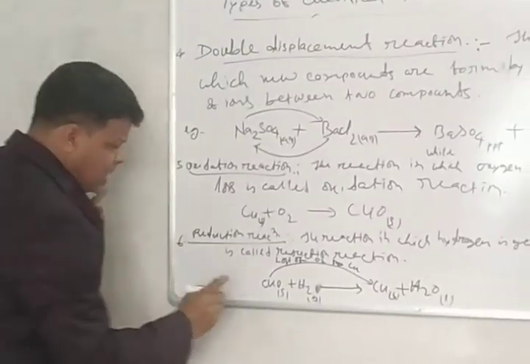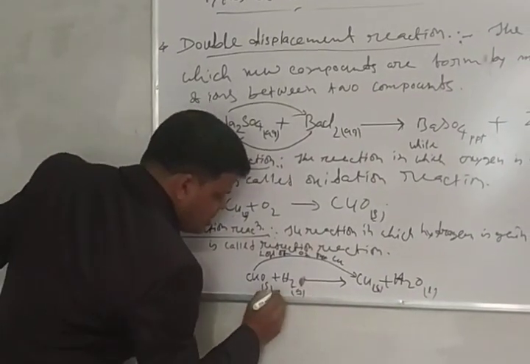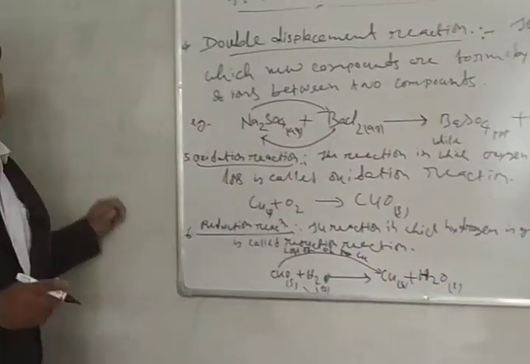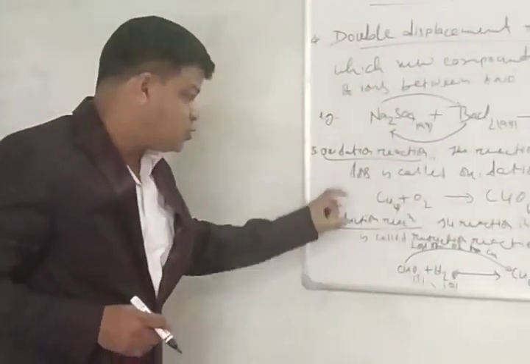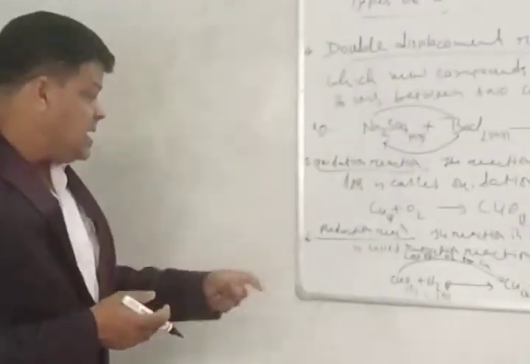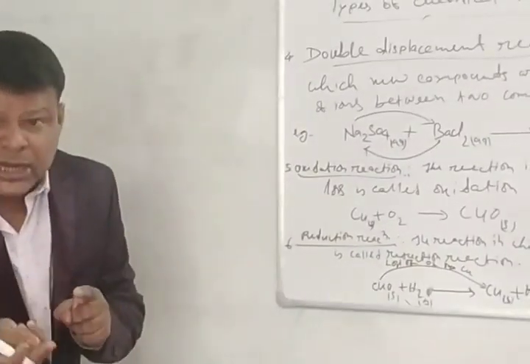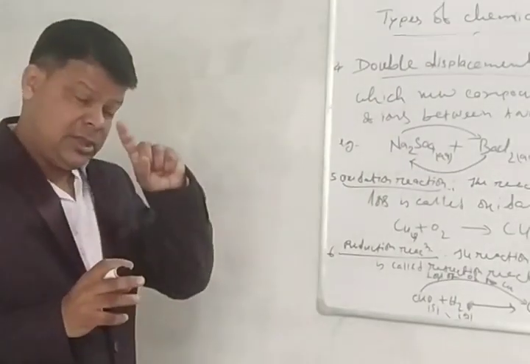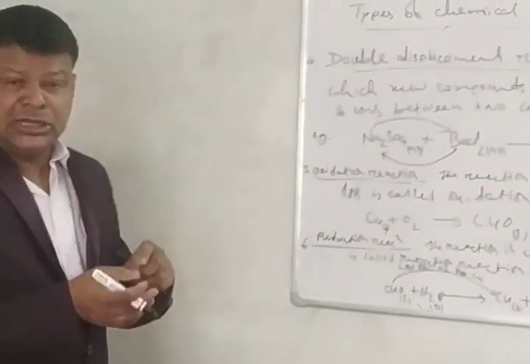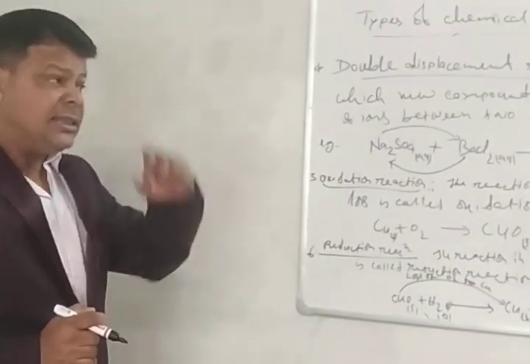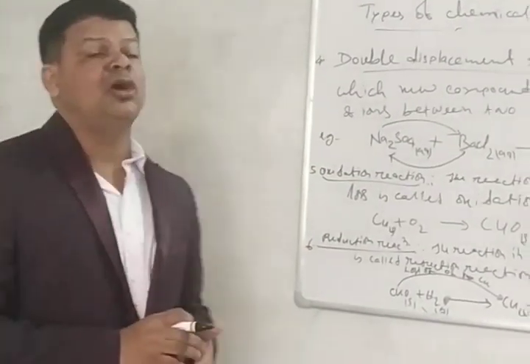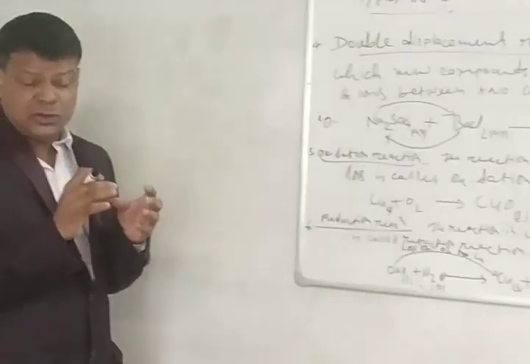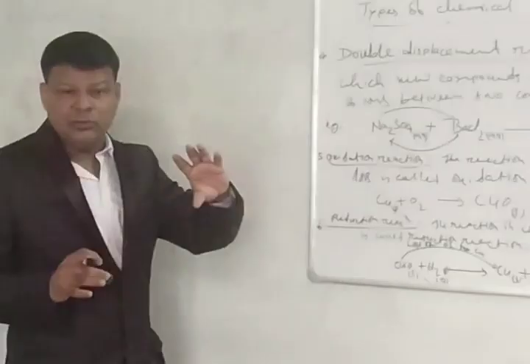At the same time, hydrogen will gain oxygen, so oxidation is also taking place. Here in this reaction, both oxidation and reduction are taking place. When in a reaction oxidation and reduction take place simultaneously, that reaction is called redox reaction. I will not discuss redox reactions separately. Here in this example, it will be clear to you.